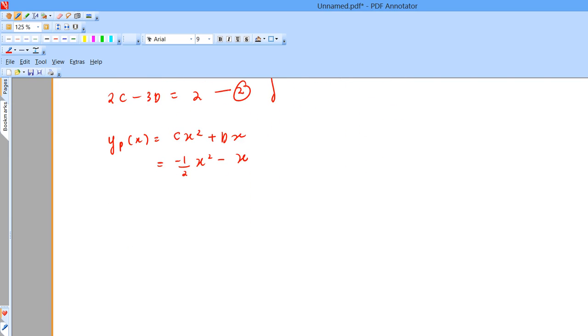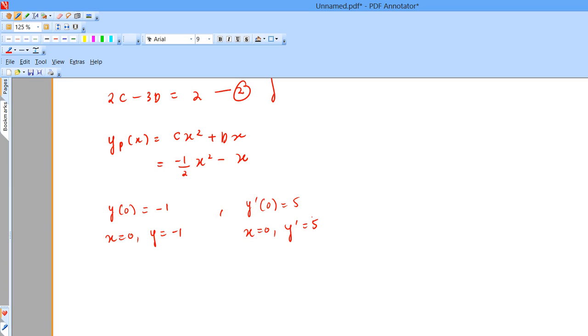So to solve the initial value problem, y(0) equal to -1 means when x equal to 0, y equal to -1. Number 2, y prime(0) equal to 5 means when x equal to 0, y prime equal to 5.